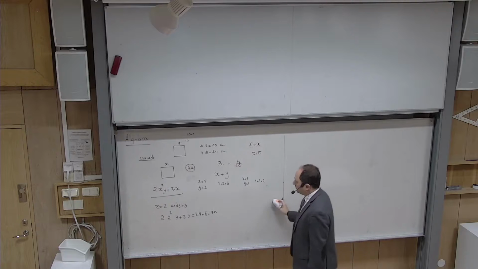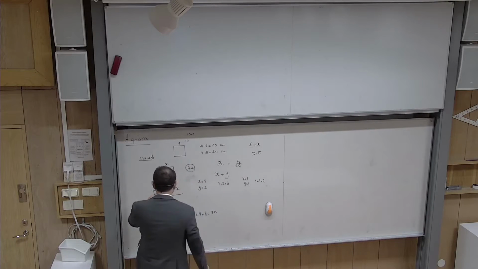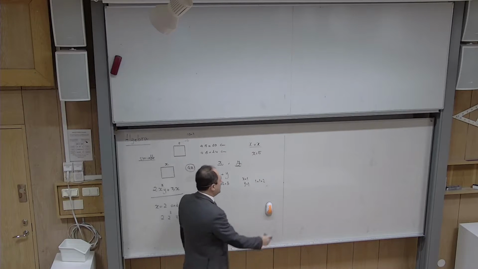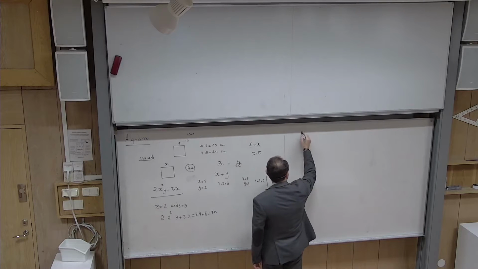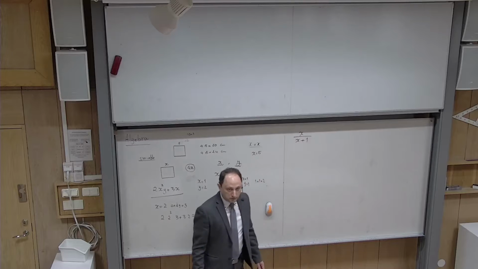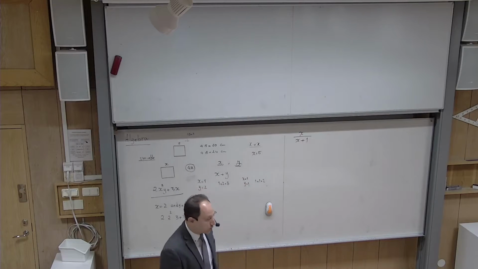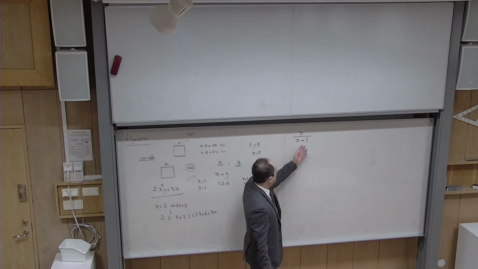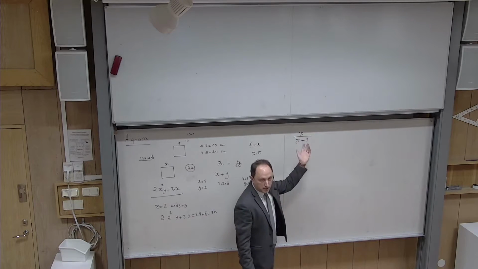Okay, so remember, when I say an algebraic expression, you need to expect something like this. For example, do you think this is an algebraic expression? This is also an algebraic expression. Okay, how many operations are being used here? Addition and division. Yeah, so that's an algebraic expression.